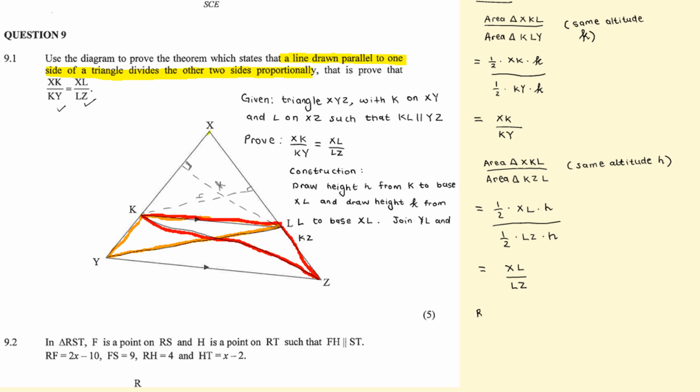The area of triangle KLY is equal to the area of triangle KZL.